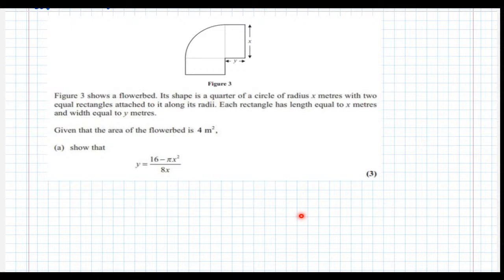So given that the area of the flower bed is 4 meters squared, that's 2xy plus pi times radius squared, but it's a quarter of a circle, and we're told that that's equal to 4.